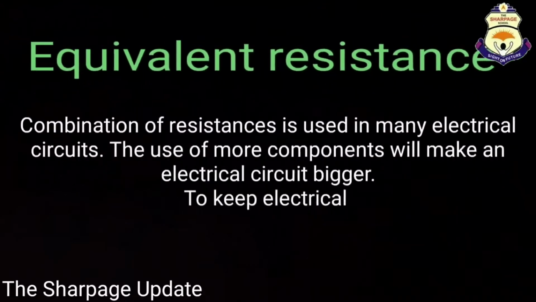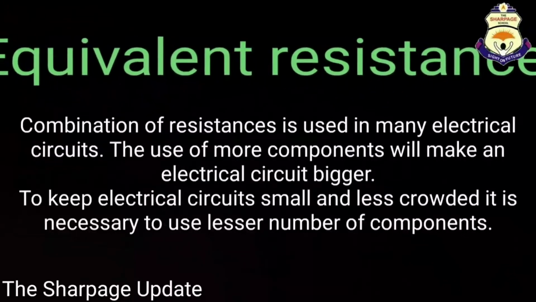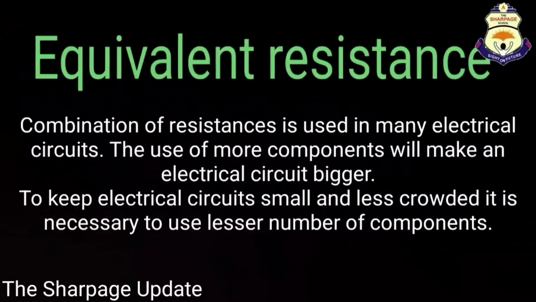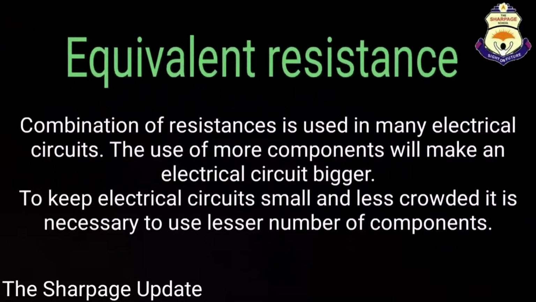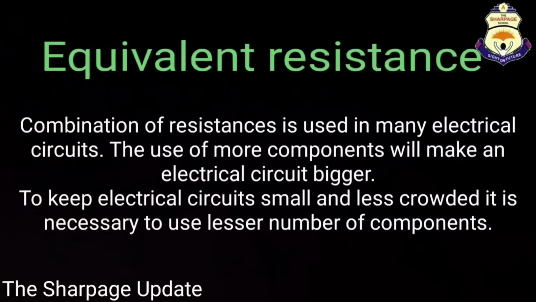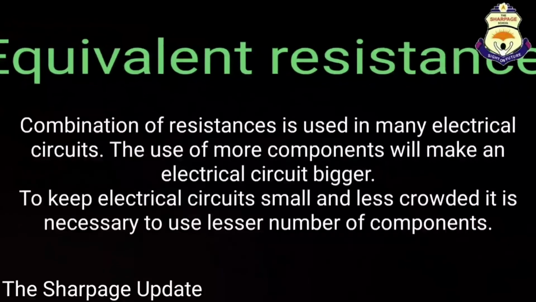Dear students, combination of resistances is used in many electrical circuits, and the use of more components will make an electrical circuit bigger. To keep the electrical circuits small and less crowded, it is necessary to use a lesser number of components.